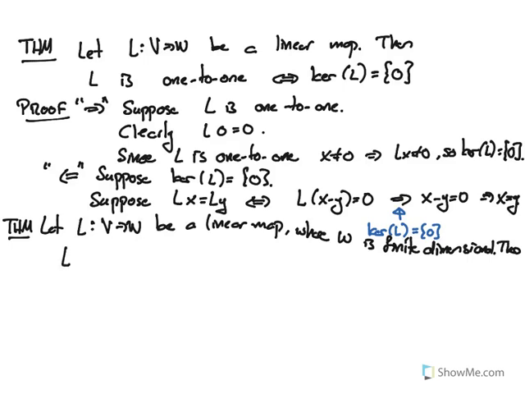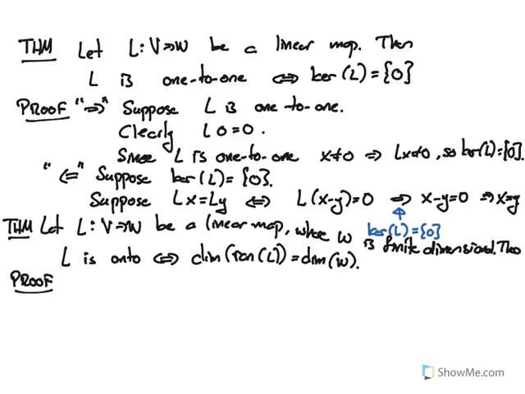Then in that case we have the claim that L is onto if and only if the dimension of the range is equal to the dimension of W. Proof is again very simple.